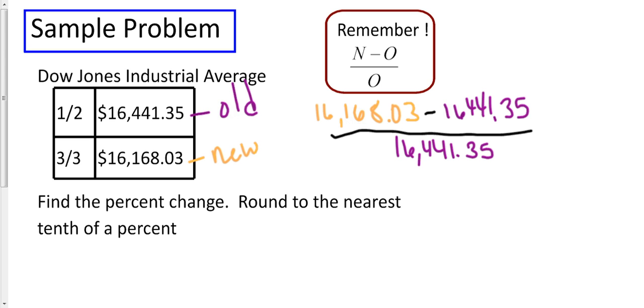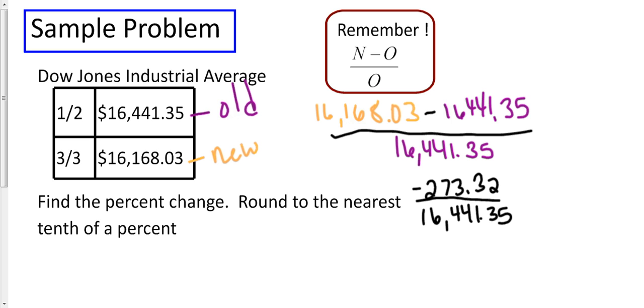When I subtract here, I get a negative $273.32, and that's over my old amount, which is $16,441.35.